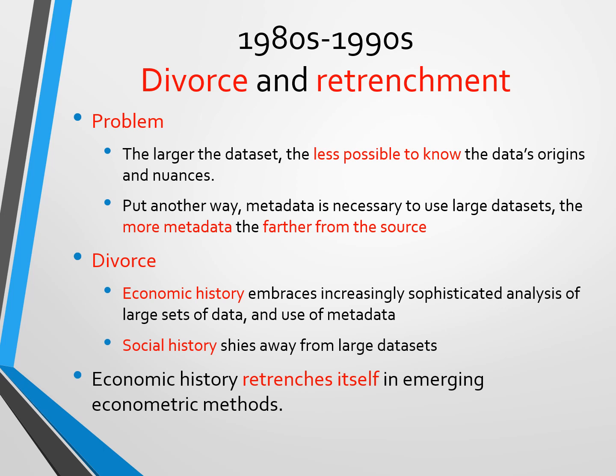What would have happened to industry A or to the economy of region B if the government had made a different decision at this point, or this point, or this point? That's really controversial. And it drives a kind of divorce and retrenchment.